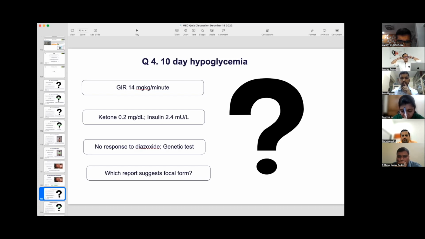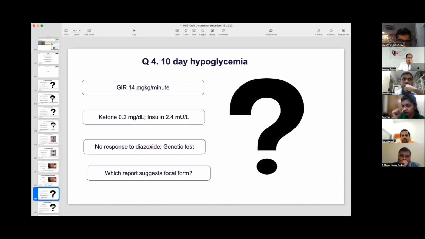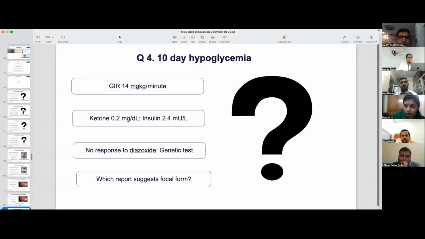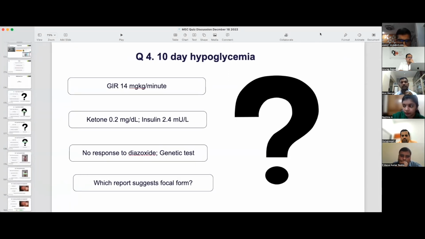So this is hyperinsulinism. The question is which form suggests a focal hyperinsulinism? Final answer, Dr. Arun? It will be autosomal recessive, either an ABC potassium channel mutation.